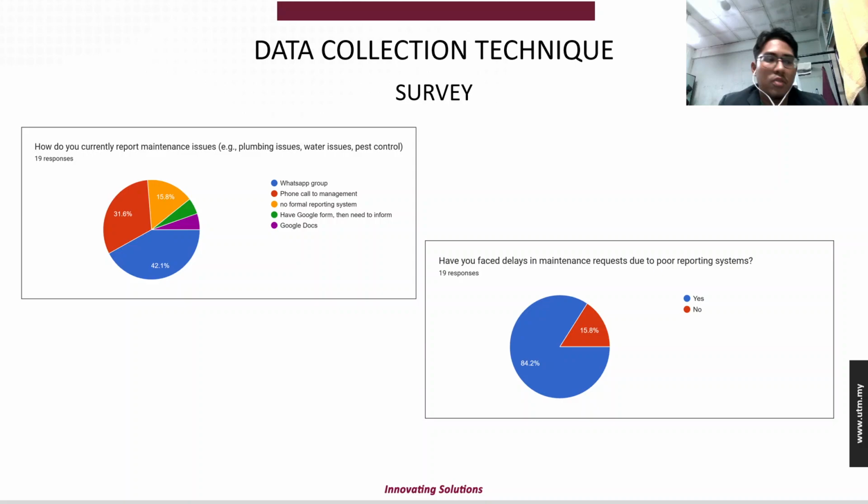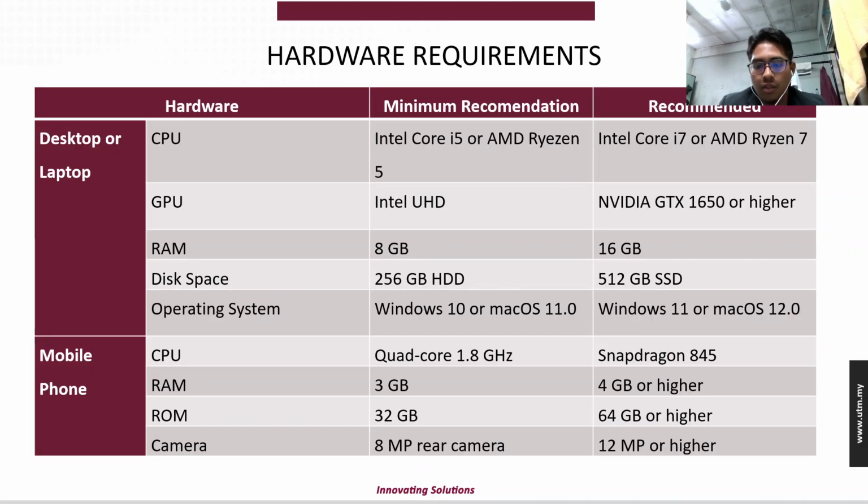Okay, so in terms of data collection technique, I did a survey, where you can see an example question in my survey. Then we proceed to the hardware requirements, divided into two parts, which are desktop or laptop and also mobile phone. Basically, in developing the mobile application, you use the laptop, and I have stated there the minimum and the recommended specification.